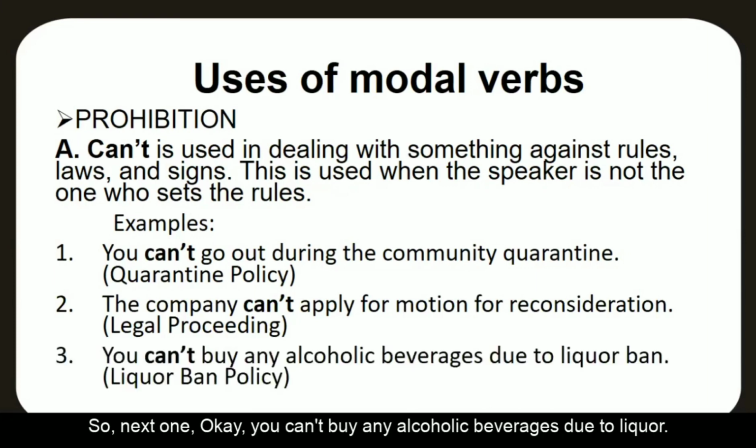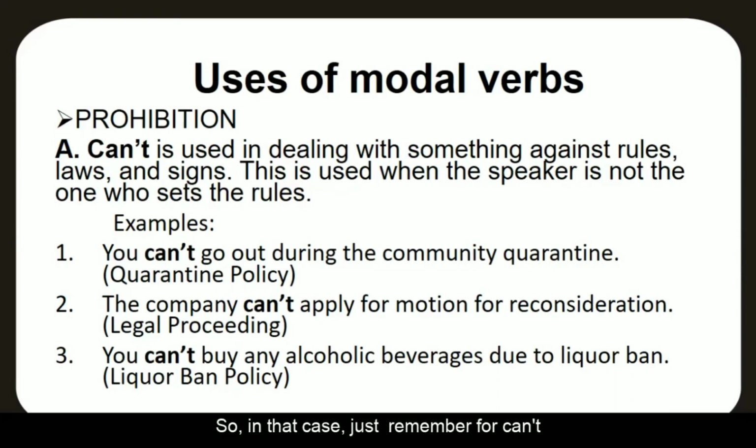Next one, okay, you can't buy any alcoholic beverages due to liquor ban. That is from the liquor ban policy, which is also made by the government. So in that case, just remember for can't, we have to use it when other speakers set the rules or laws.